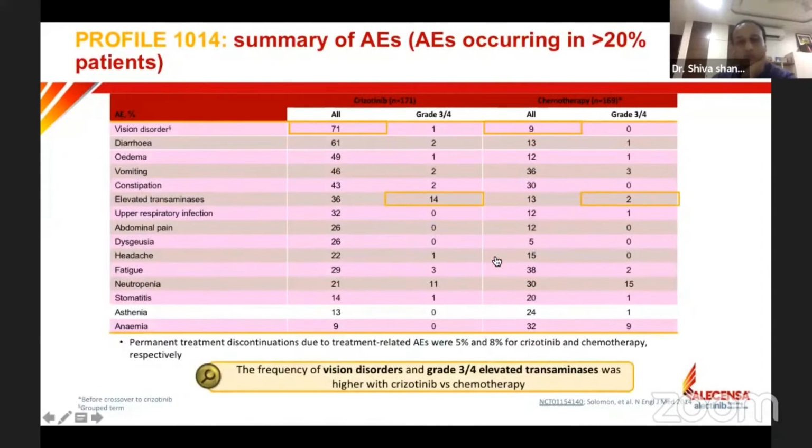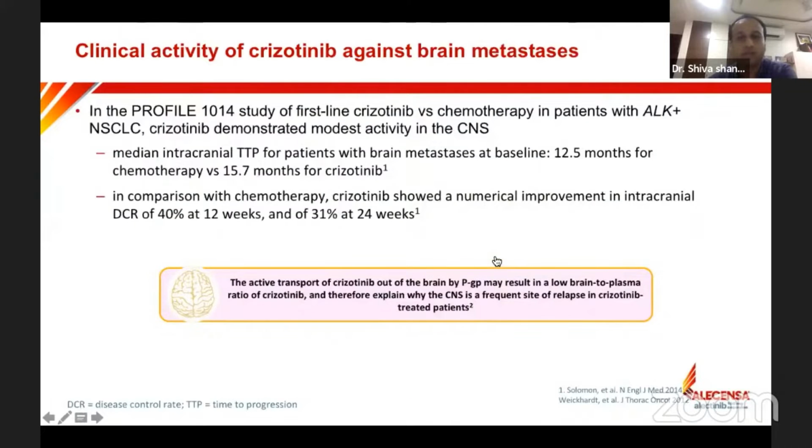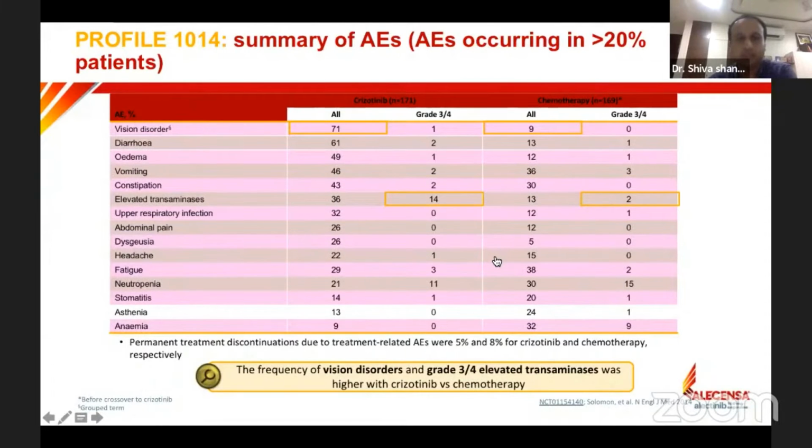If you look at the toxicity profile, it is quite manageable. The majority of toxicities are grade 1 or grade 2. Grade 3 toxicities are usually single digit, except for transaminitis, which is seen in roughly 14% of patients on crizotinib compared to chemotherapy. Another important thing patients may complain of is visual changes, which may be seen in 70%.